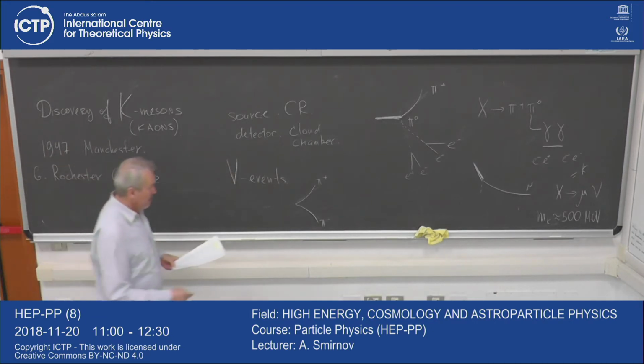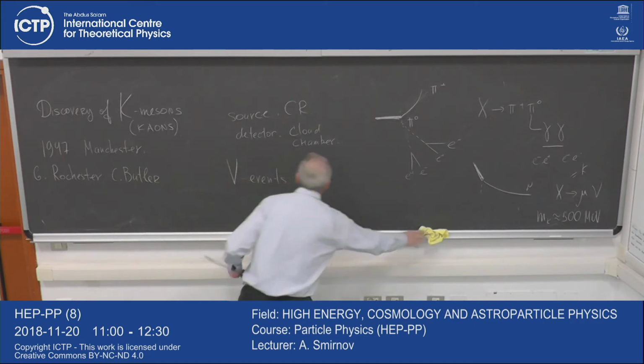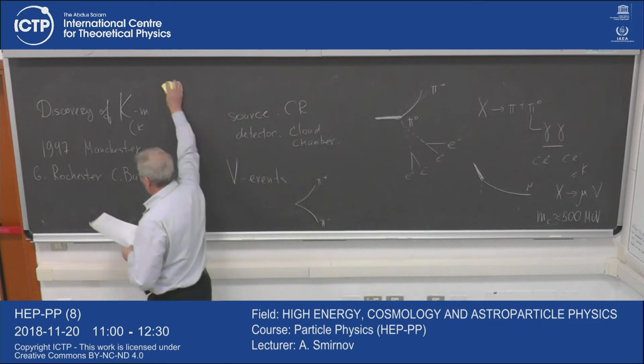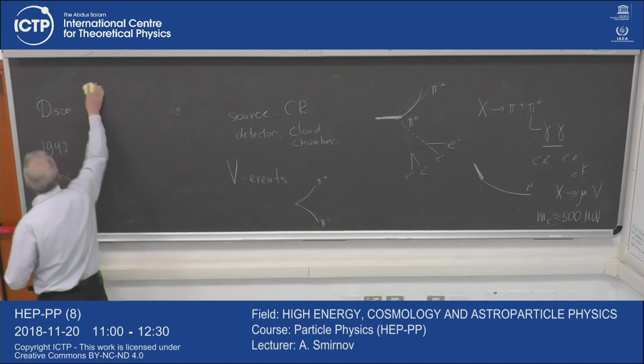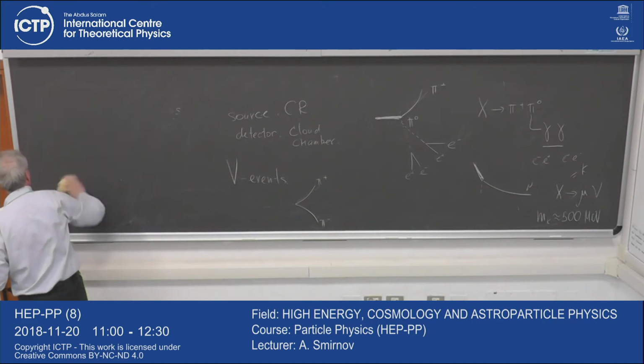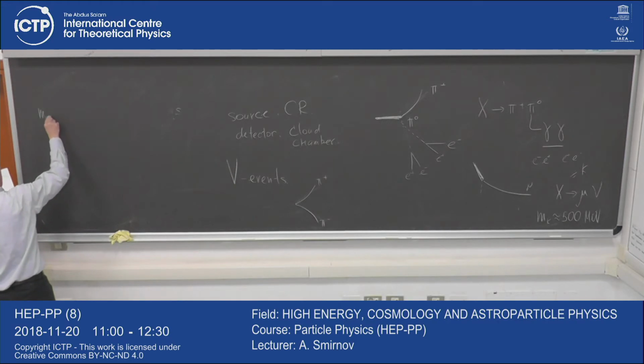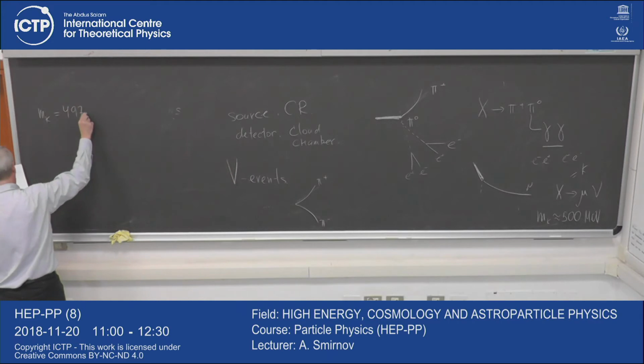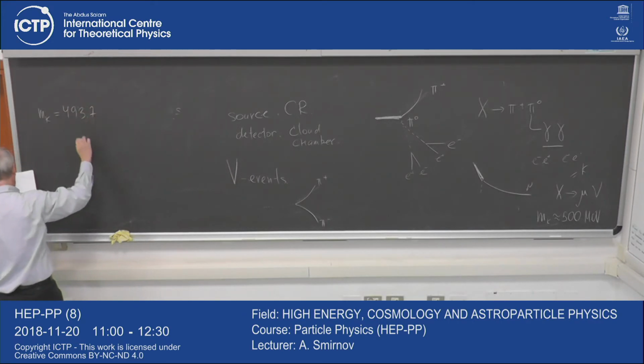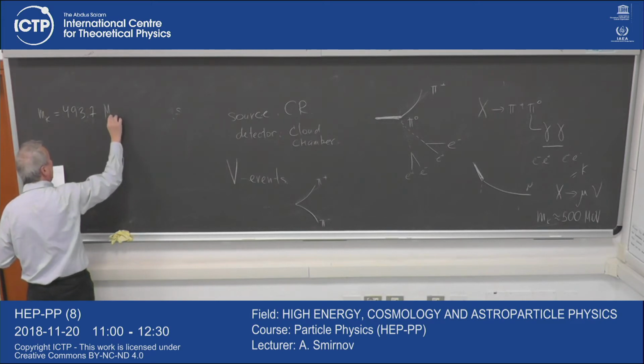Let me write the precise mass. So the precise mass of K is 493.7 MeV.